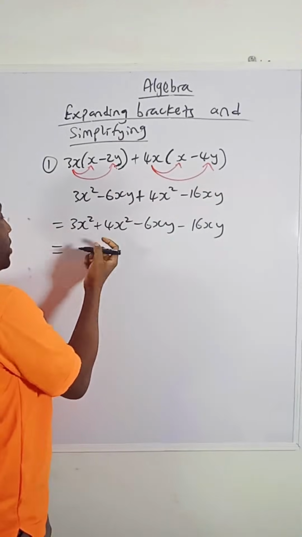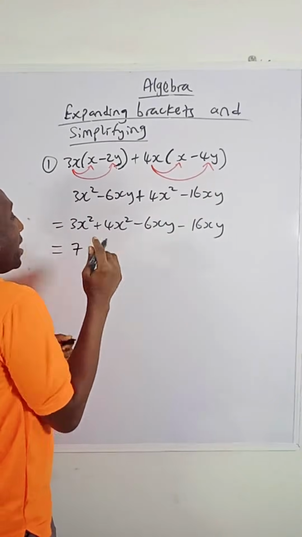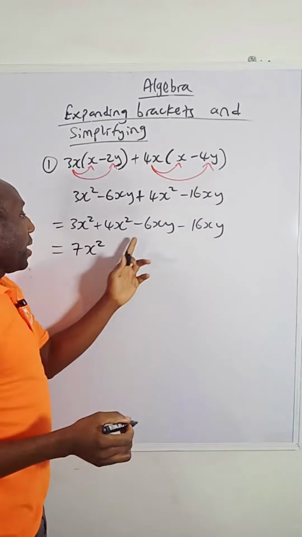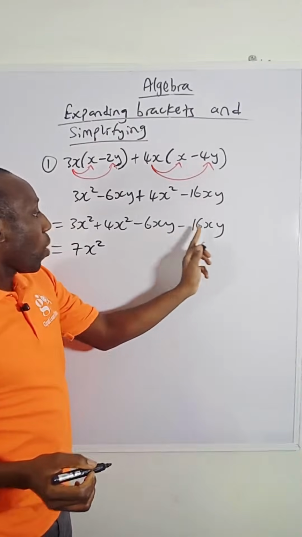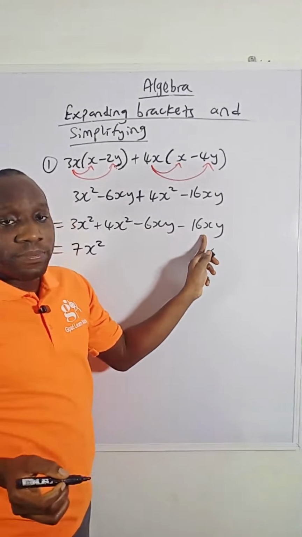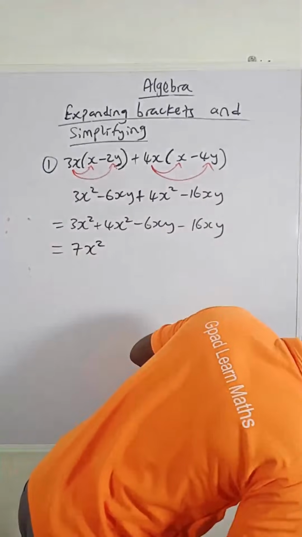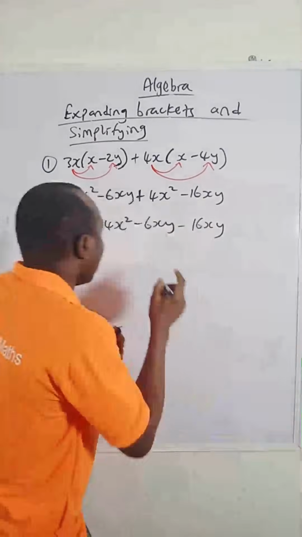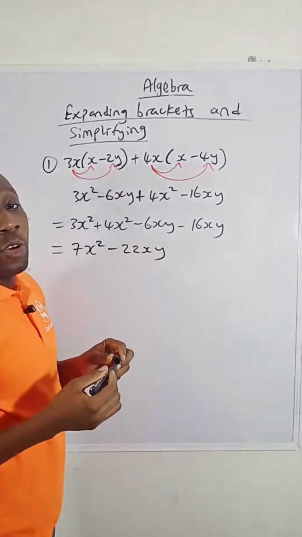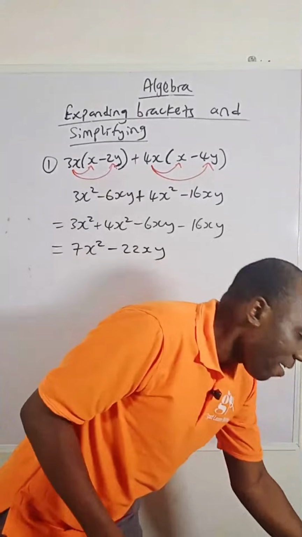And then you maintain the common letter with the square. So you have 7x squared. Now we do the same thing here. This is xy. They are like terms. Negative 6 minus 16 is what? Negative 22xy. And this is your answer. You cannot simplify any further.